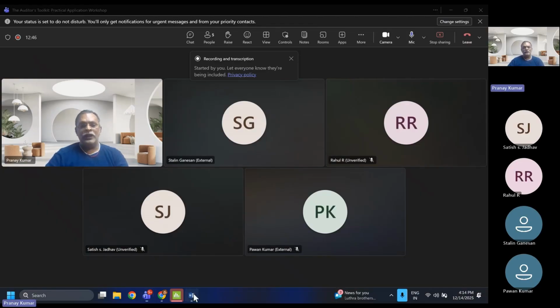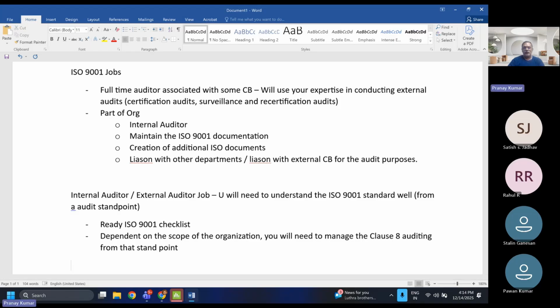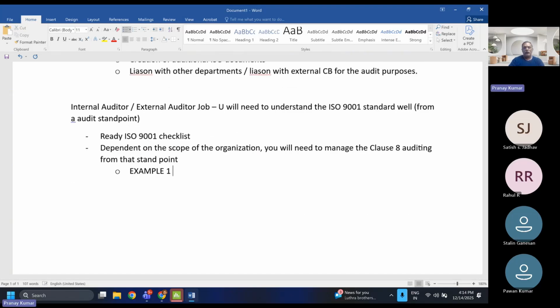So if you realize, let's take an example. Let's say we are currently auditing a XYZ technology firm, which is into software development only. If you look at the entire organizational landscape, every organization will need to have some sales related processes.